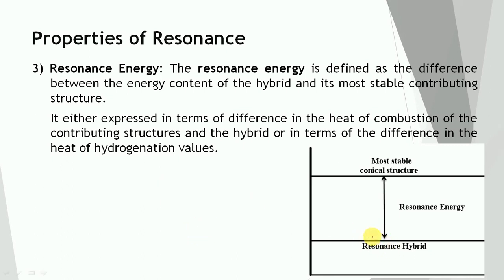So we have the energy of the resonance hybrid and the energy of the most stable canonical structure, and the energy difference between these two is called the resonance energy. The resonance energy of benzene is about 151 kilojoules per mole.